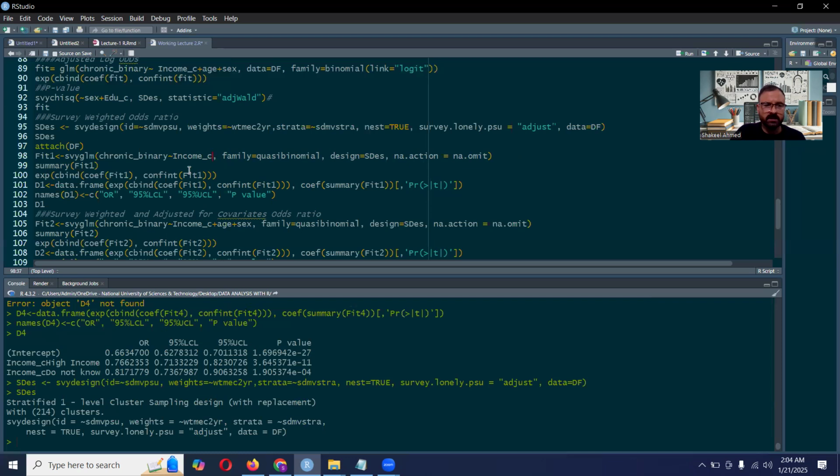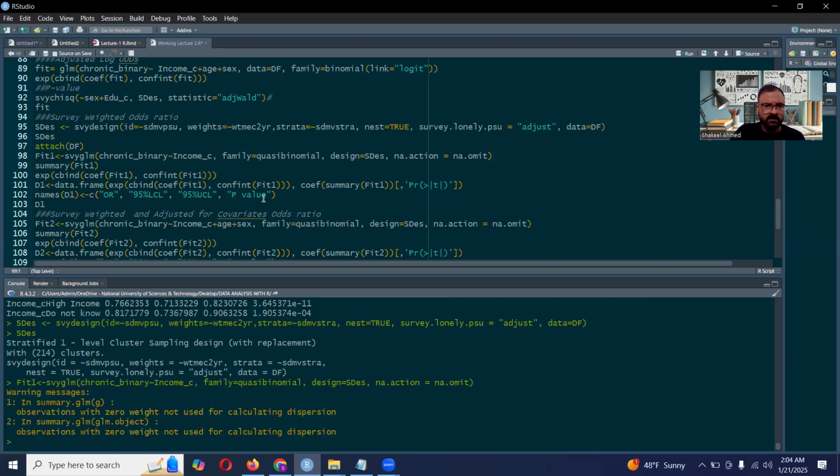So we are checking whether income has some impact on chronic condition or not. So we will get the odds ratio. This is giving just a warning: if we have any observation with zero weight, that would not be included in the dispersion calculation.